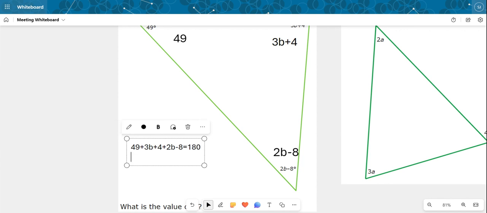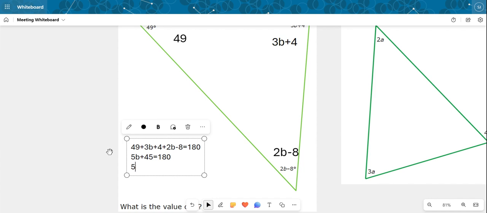Now we're just going to combine some like terms. 3b and 2b altogether, that's 5b. 49 plus 4 minus 8, that's just going to be 45. That's going to equal 180. Now we just need to take two steps to find out what b is.